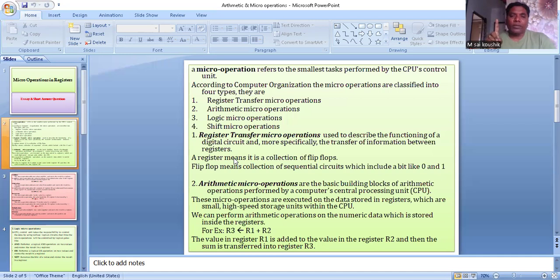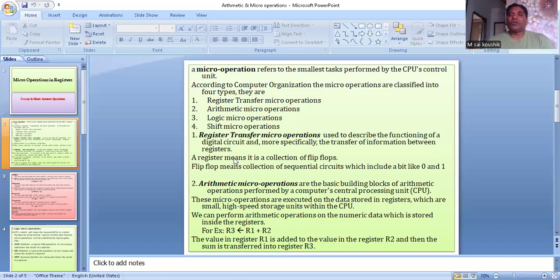Number one, register transfer micro operations. Number two, arithmetic micro operations. Number three, logical micro operations. Number four, shift micro operations. That is one of the important interview questions in the future.